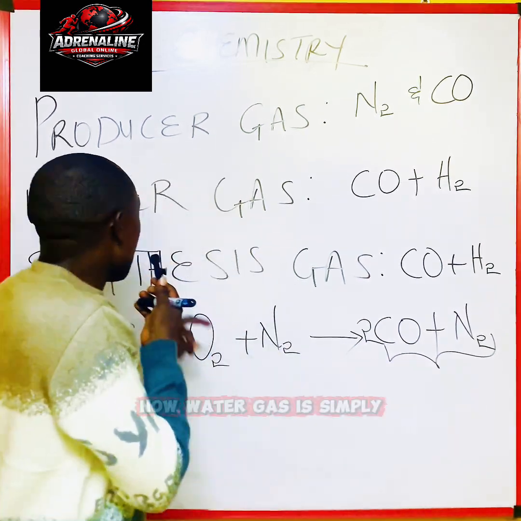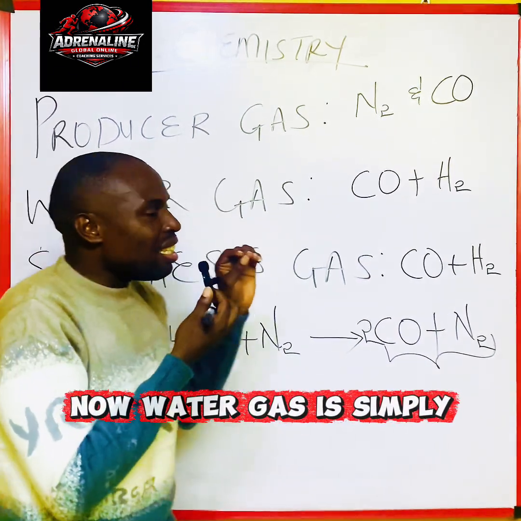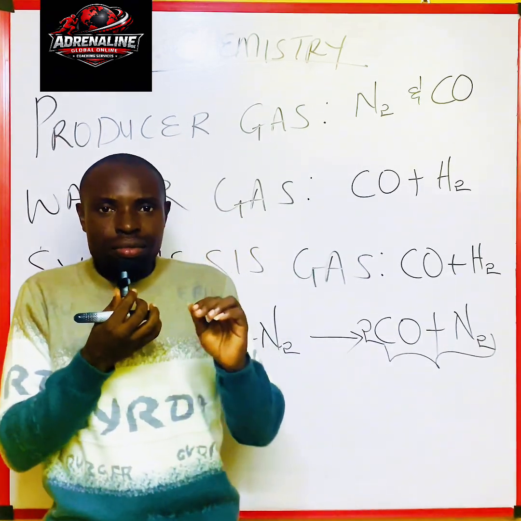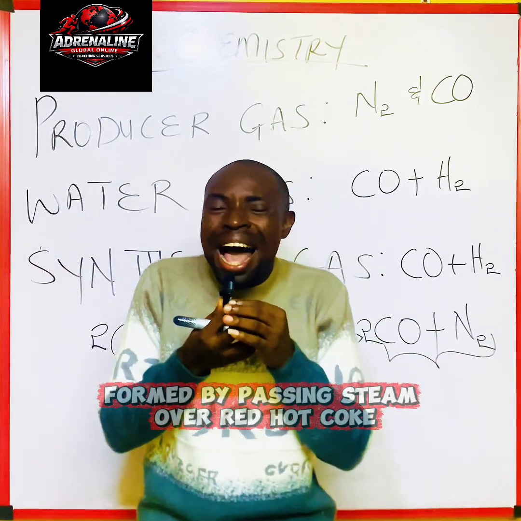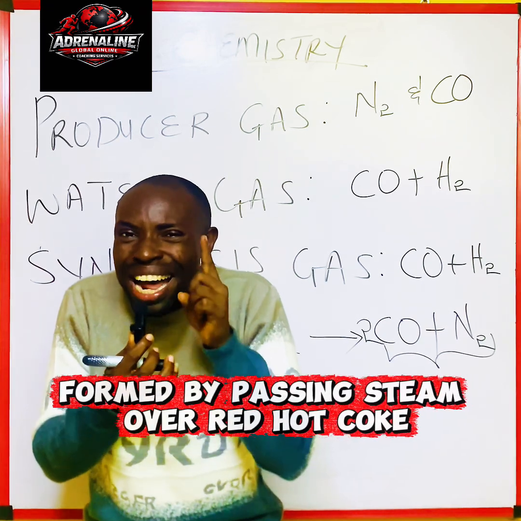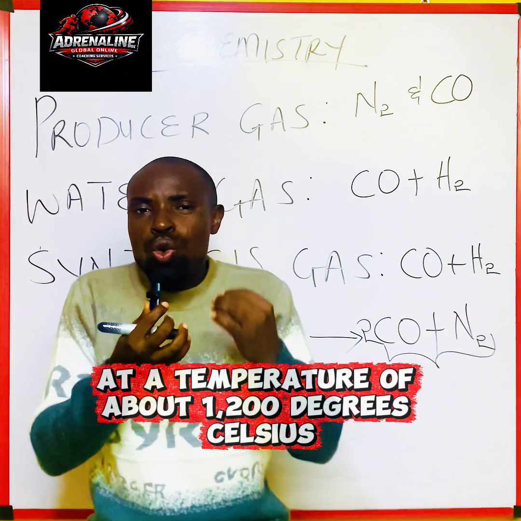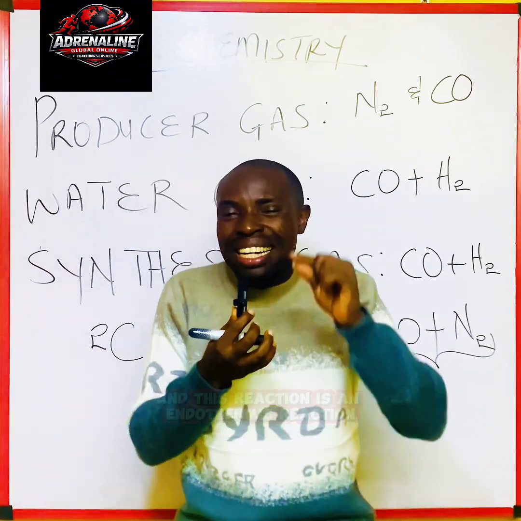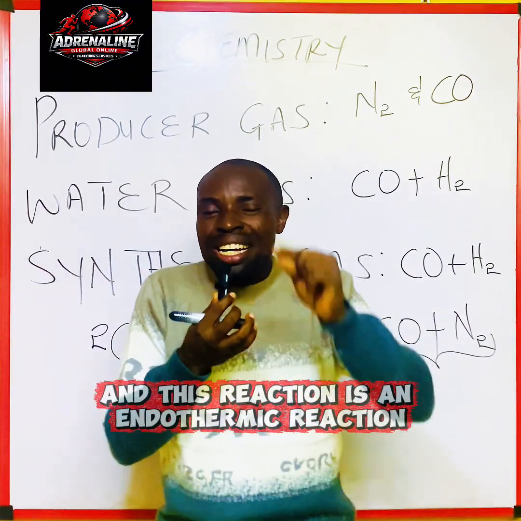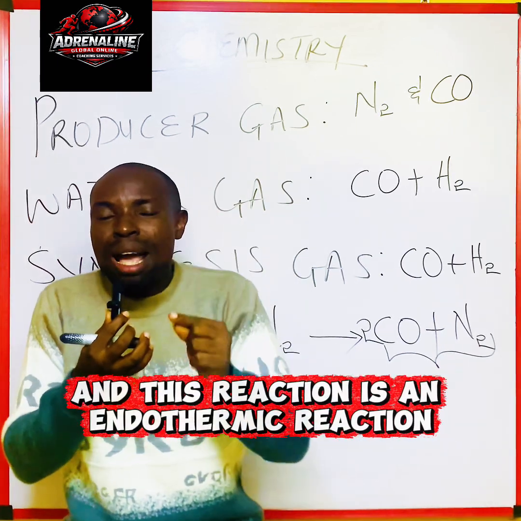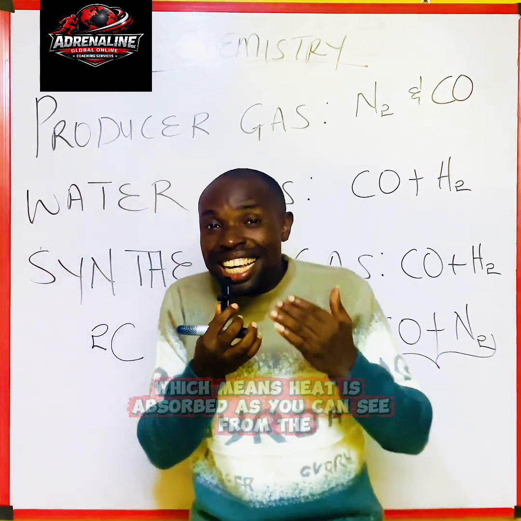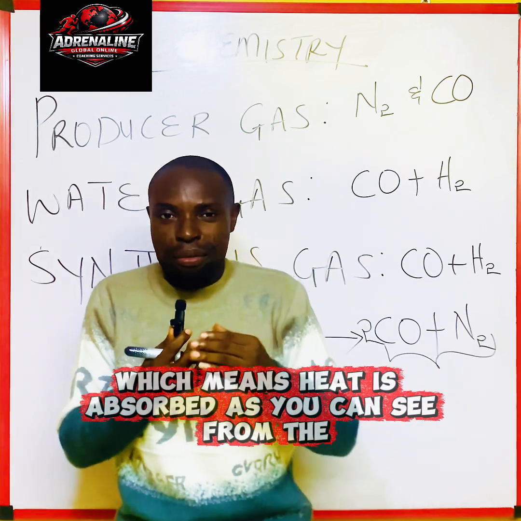So how then are they made? Simple. Water gas is formed by passing steam over red hot coke at a temperature of about 1200 degrees Celsius. And this reaction is an endothermic reaction, which means heat is absorbed.